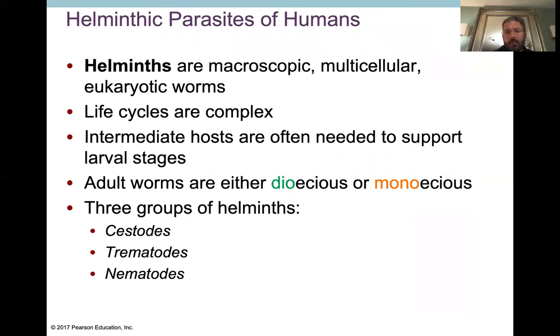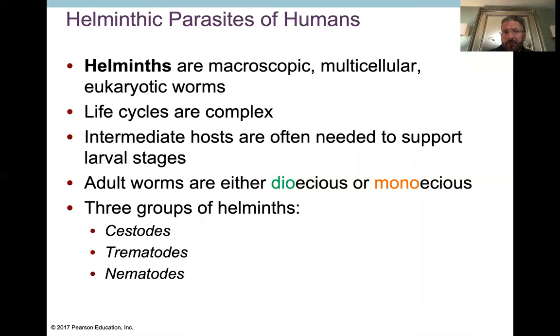Number one, the majority of all of these you can literally see with the naked eye, right? And when we talk about pinworms or roundworms, just like if your dog or cat has them, very similar to what's in humans, right? So these you can see with the naked eye, and these are eukaryotic, all right? These things are very, very large, right?